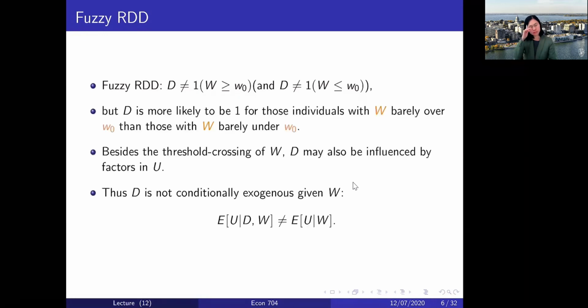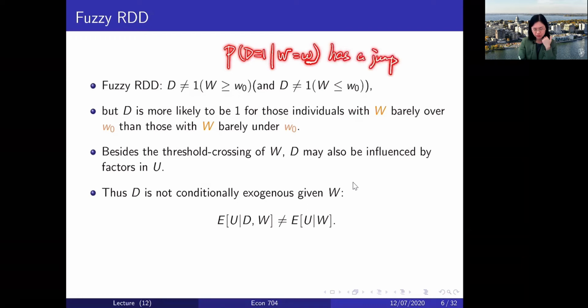However, D is more likely to be 1 for those individuals with W barely over than those with W barely under. So that means W crossing the threshold will increase the probability that D equals 1. So the probability that D equals 1 has a jump at W0. Okay.